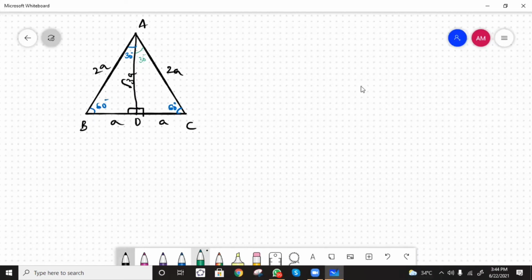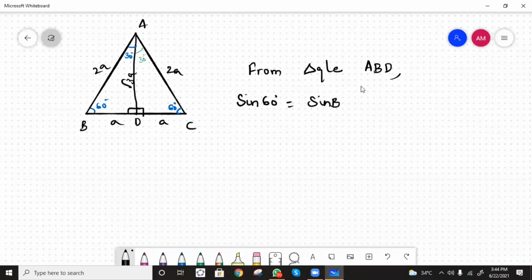So we are going to find sine B, cos B, tan B. So from the right angle triangle ABD, what is sine B? It's nothing but sine 60. Sine B is opposite side to angle B divided by hypotenuse.